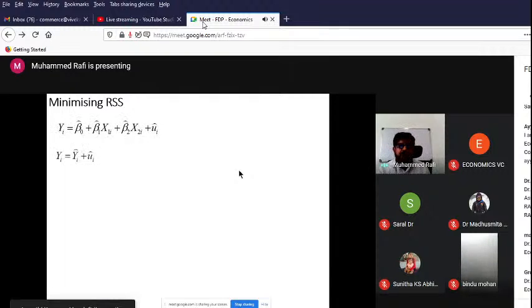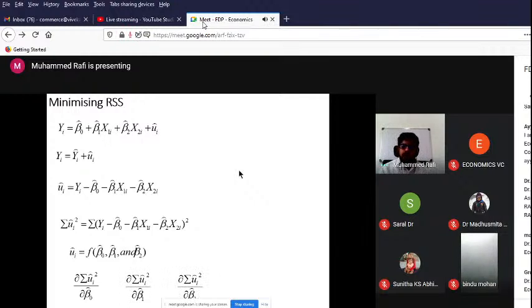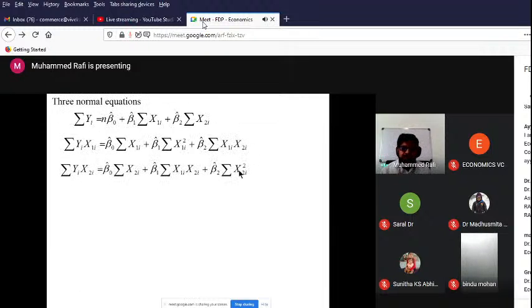So what we do is that we find the residual sum of square and differentiate it with respect to beta 0 cap, beta 1 cap and beta 2 cap. Then you get 3 normal equations. And when you solve those normal equations, you can find the values of beta 0 cap, beta 1 cap and beta 2 cap.